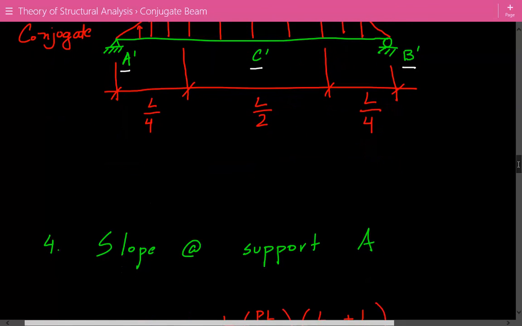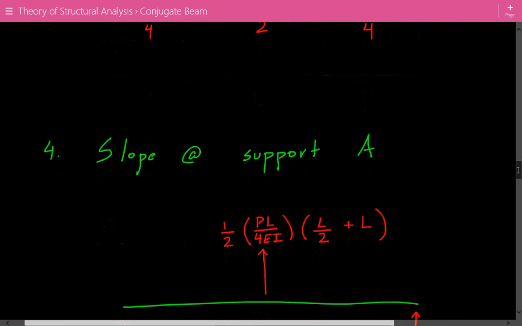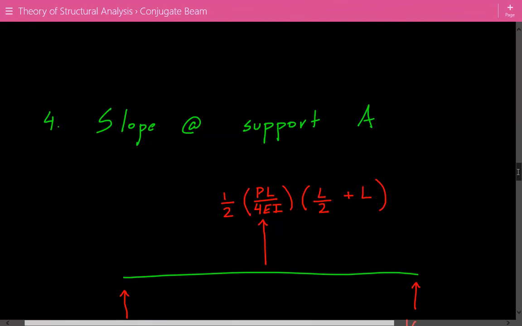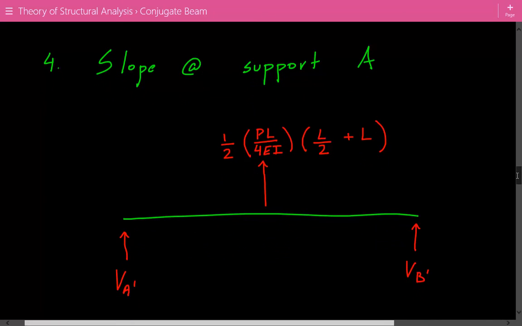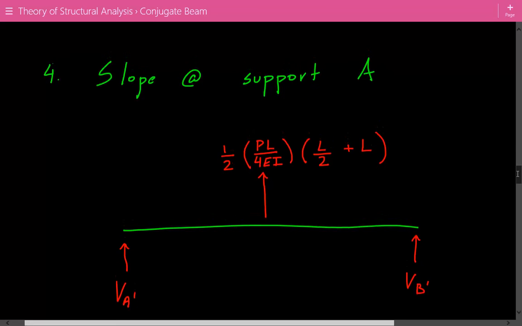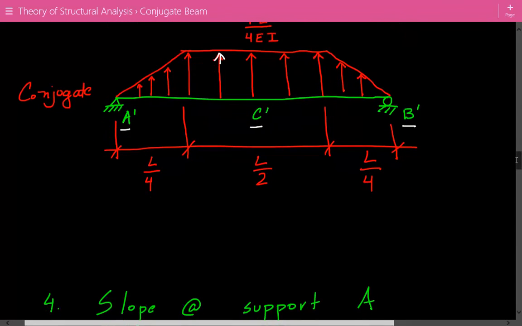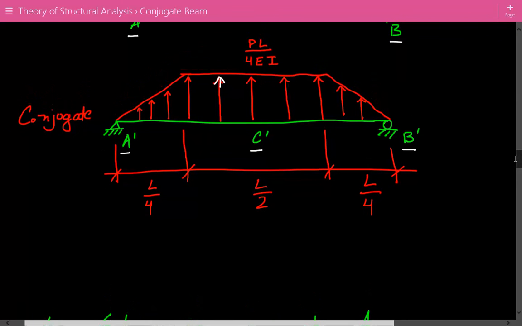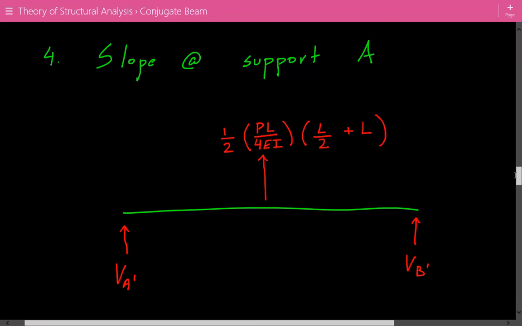Okay. After this, we're going to calculate the slope at support A. To calculate the slope at support A, we have to find the conjugate shear at support A. So we simplify the beam we just made with this conjugate beam. Instead of using this trapezoidal M over EI diagram, we just simplify and get a resultant. The resultant of the trapezoid is going to be equal to 1/2 times height times (B1 plus B2).